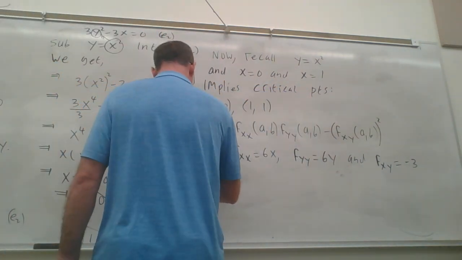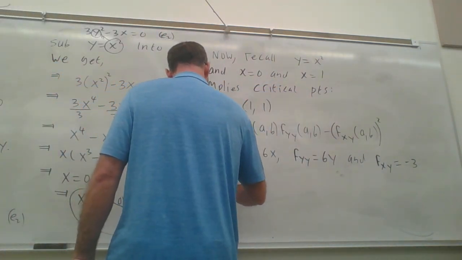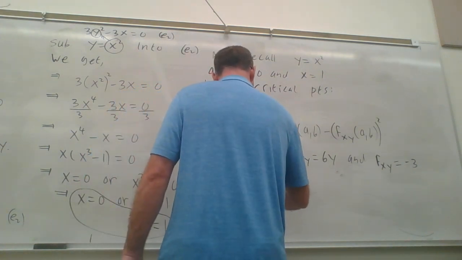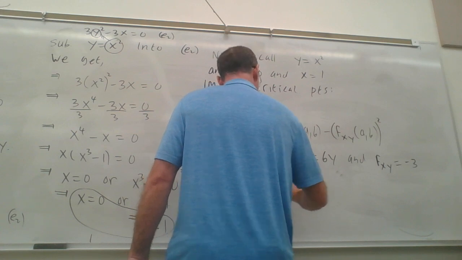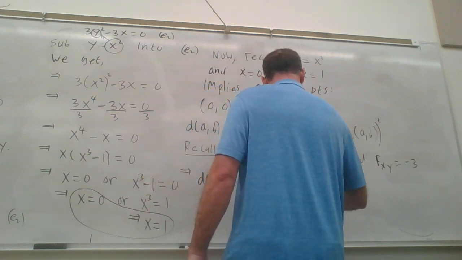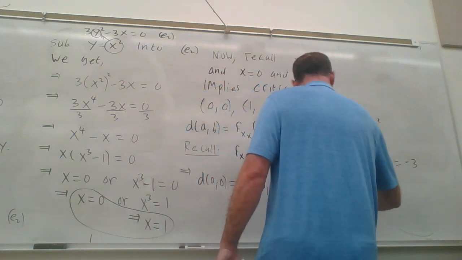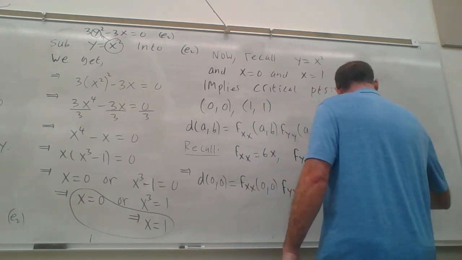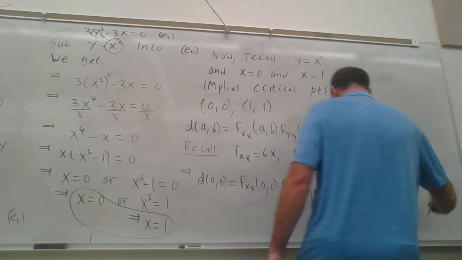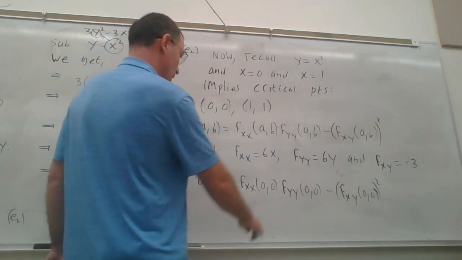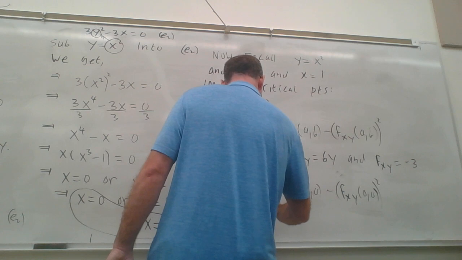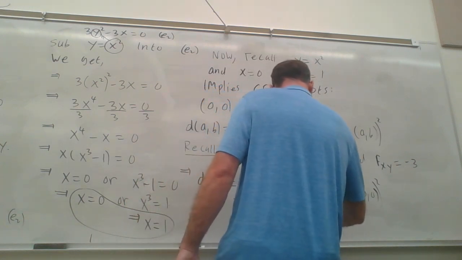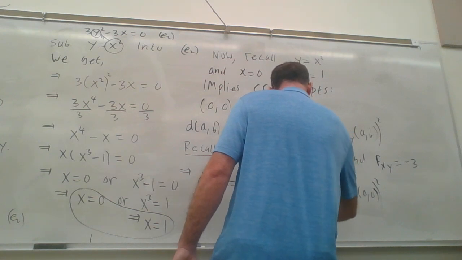So then D of 0, 0 is going to be f xx of 0, 0 times f yy of 0, 0, minus fxy 0, 0 squared. So this will be 0. This will be also 0. It's going to be minus a minus 3 squared.